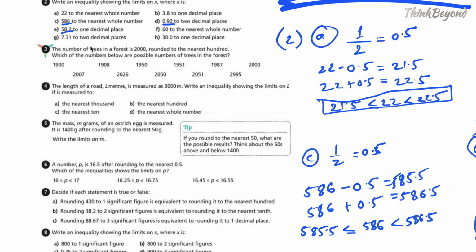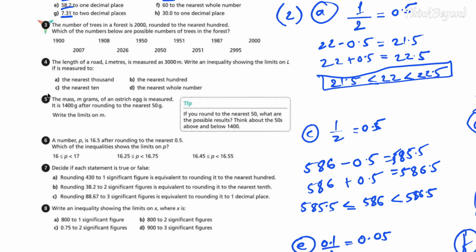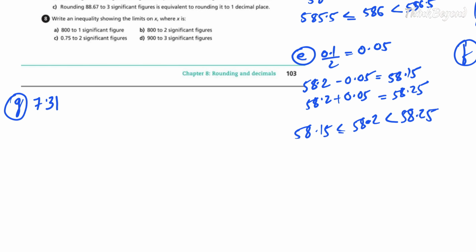Okay, now question G. 7.31 to 2 decimal places. 2 decimal places, it means 0.01. Half of 0.01 is 0.005.